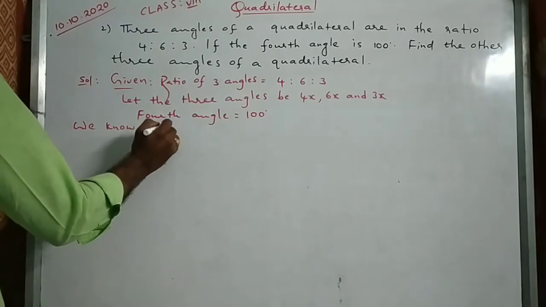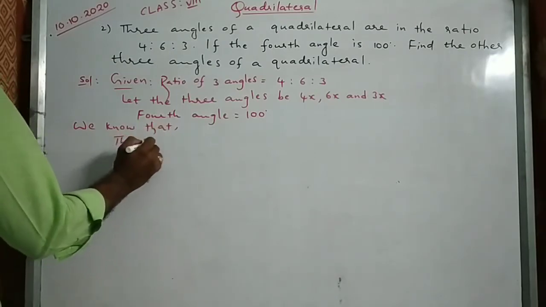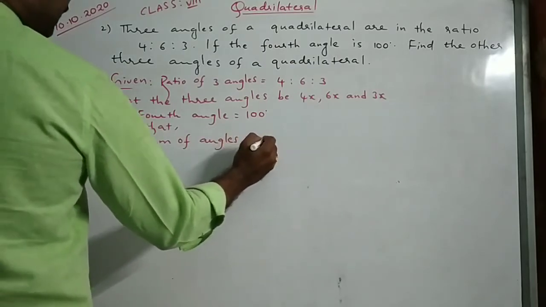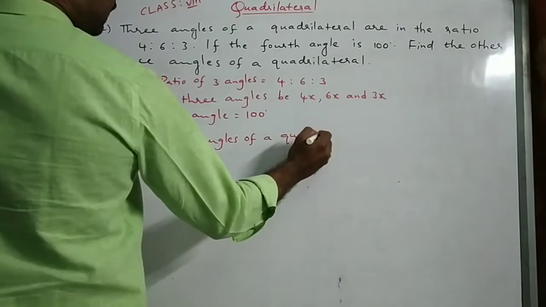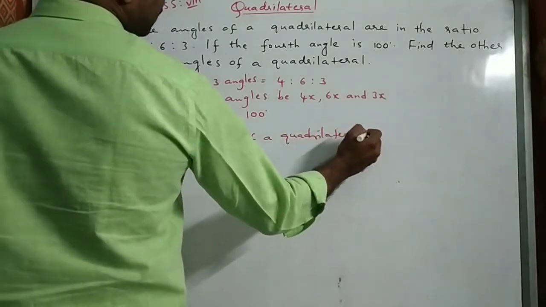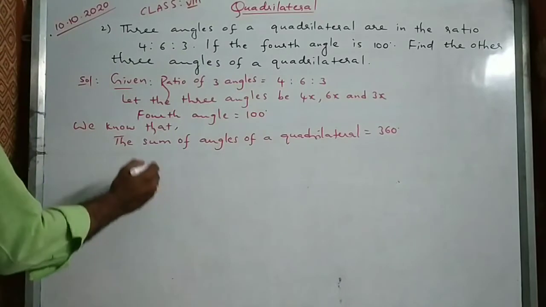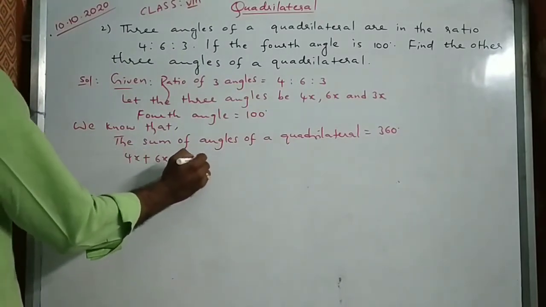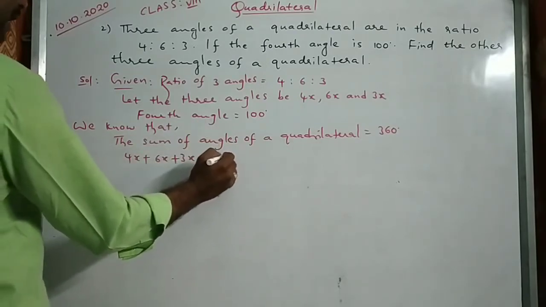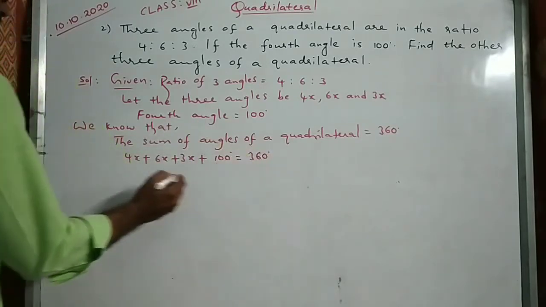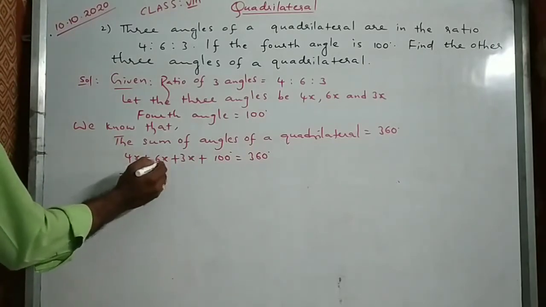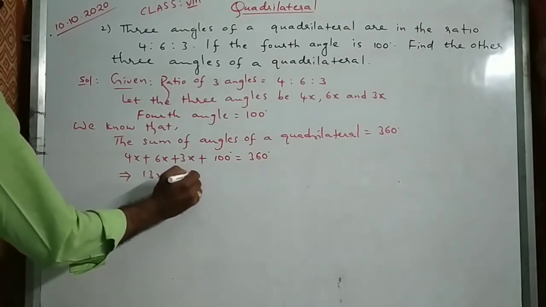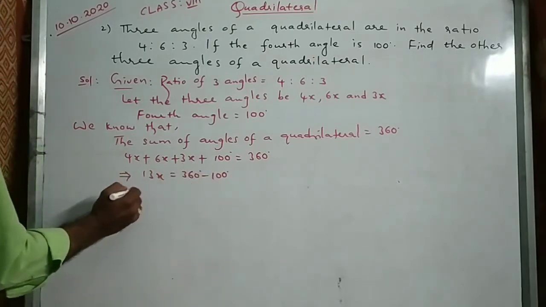We know that the angle sum property says the sum of angles of a quadrilateral is 360 degrees. Now add all those. 4x plus 6x plus 3x plus the fourth angle 100 equal to 360. 4x plus 6x, 10x plus 3x, 13x equal to 360 minus 100.